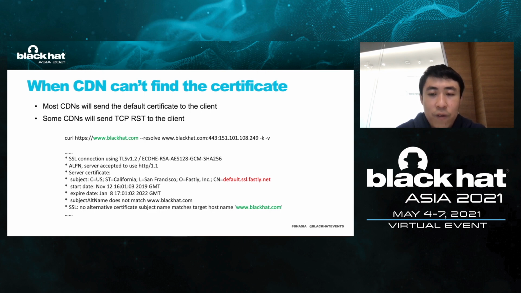When the CDN can't find the certificate, most CDNs will send the default cert to the client. Some CDNs will send a TCP reset to the client. We can see Fastly returns a default certificate with the common name default.ssl.fastly.net.